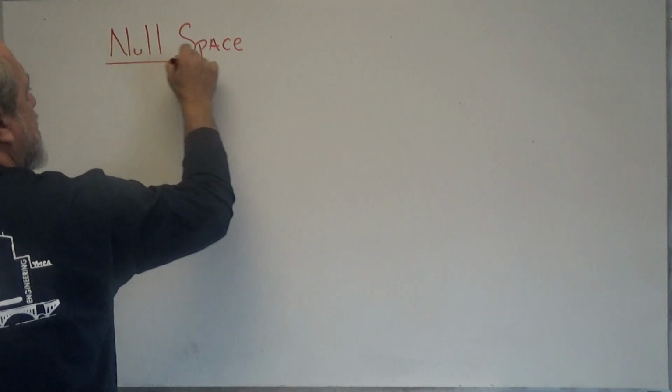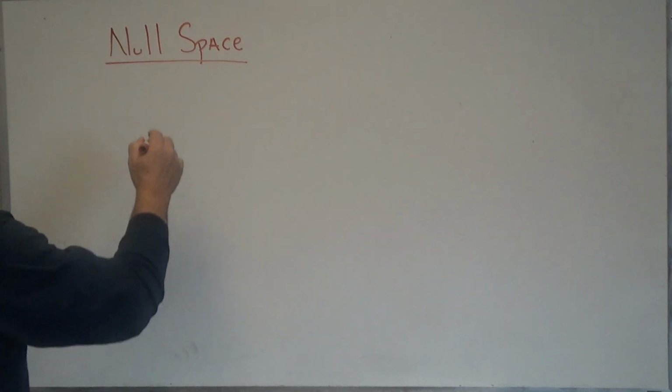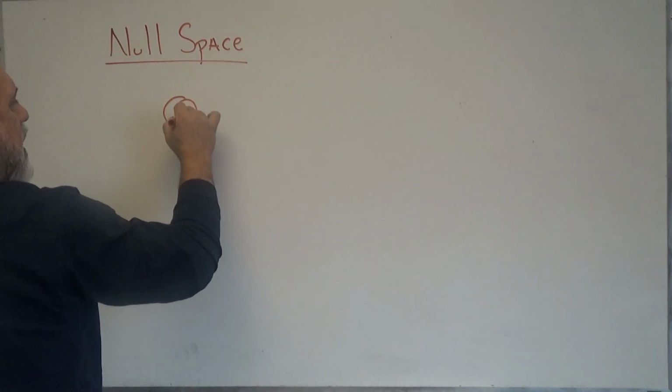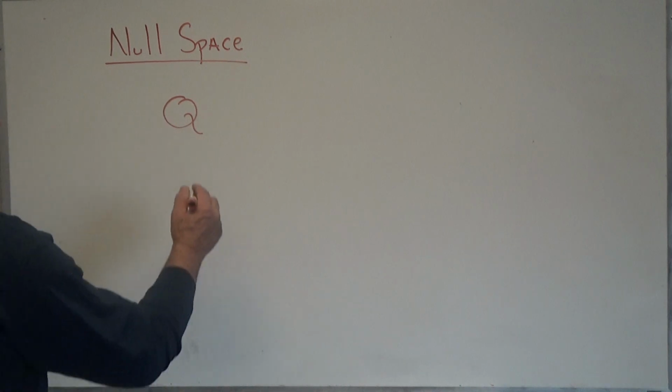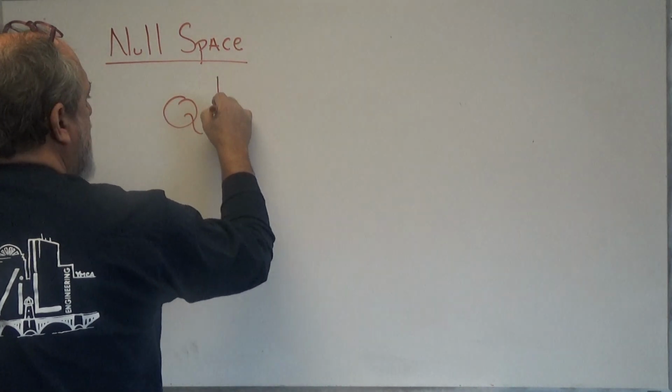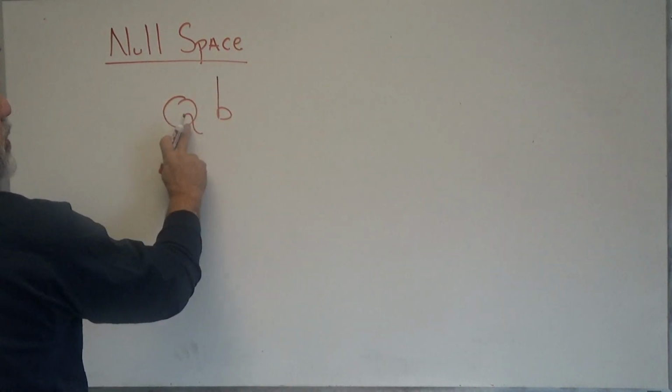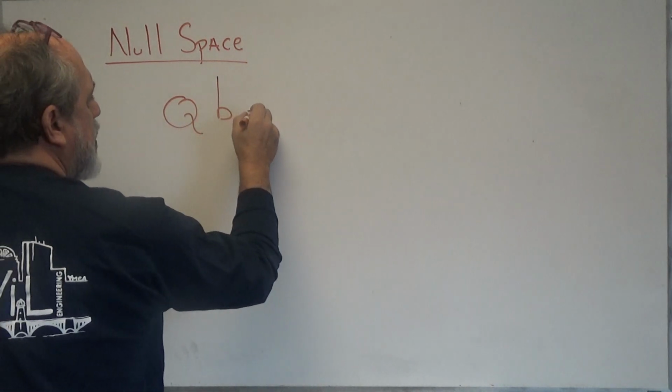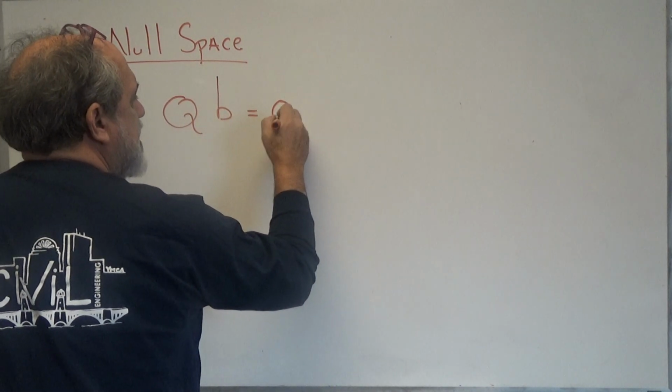What is the null space of a matrix? So we have a matrix Q, and we want to talk about the null space. Well, the first answer could be that there is none, right? There is no null space. But when is there a null space to the matrix Q? Well, there is a null space to the matrix Q if we can find a vector, let's say B, such that if we multiply the matrix times the vector, we get 0.